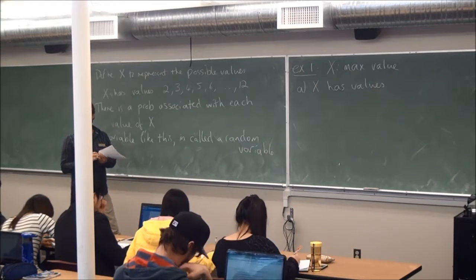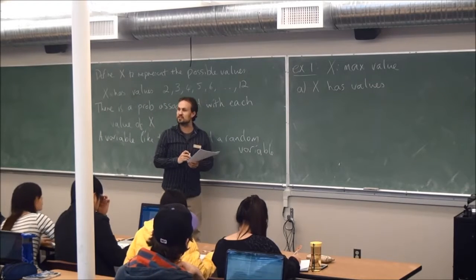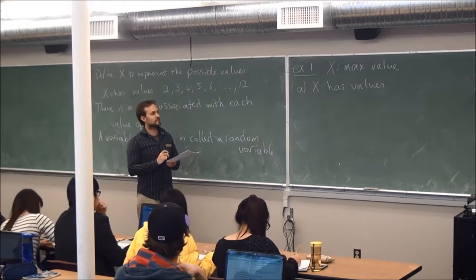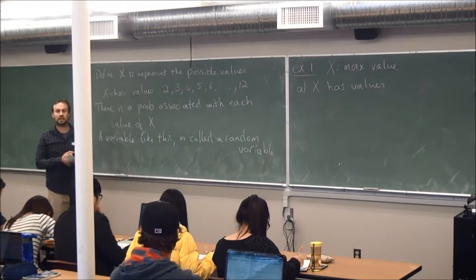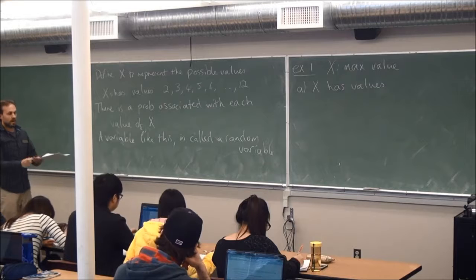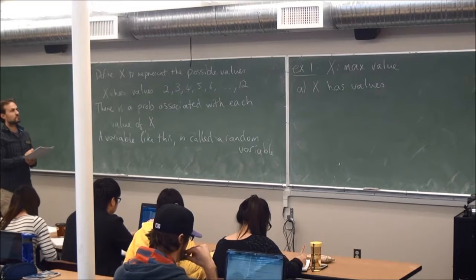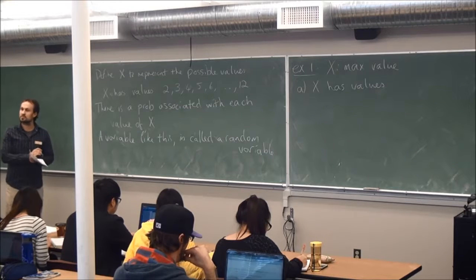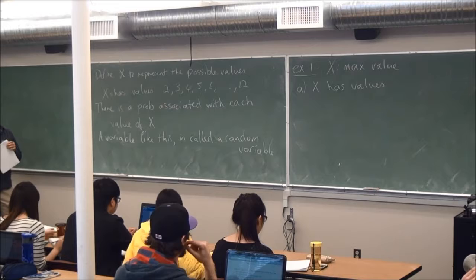What does maximum mean? The highest. What is the highest? Yes. So what are the possible highest values that I could get? I'm doing the experiment. I have two rolls. I write down the maximum, and that's my outcome of the experiment. What are the possible things that I can write on my page?